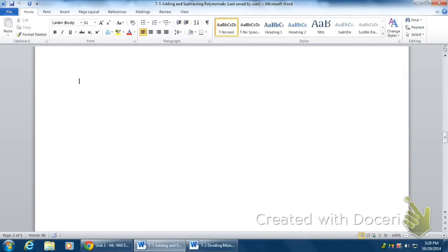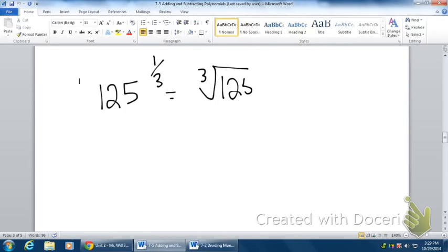Let's try 125 raised to the 1/3. Same concept. It's the same thing as using your denominator and figuring out what root we are finding. Then this is all going to be raised to our numerator, which is 1.